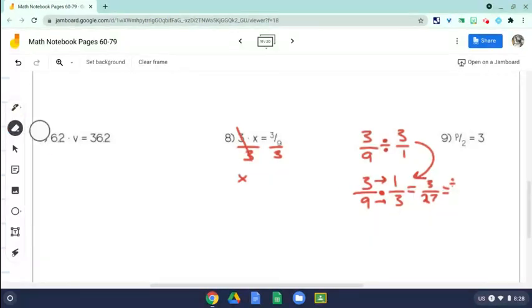Let's do this. If I divide by 3 on both top and bottom to reduce this fraction, I'm going to get 3 divided by 3 is 1, and 27 divided by 3 is 9. So I end up with 1/9. X equals 1/9.